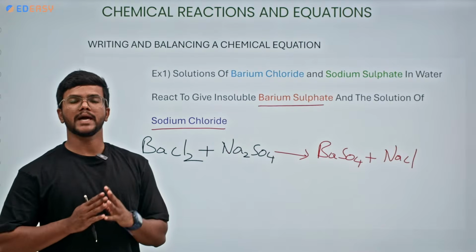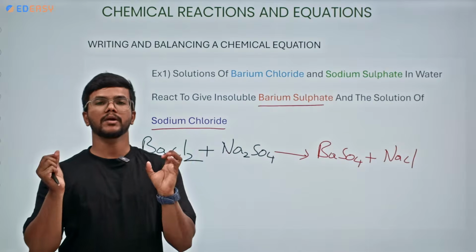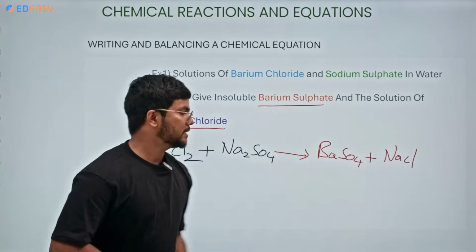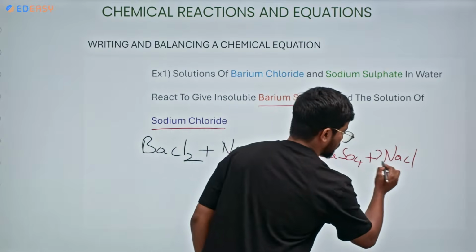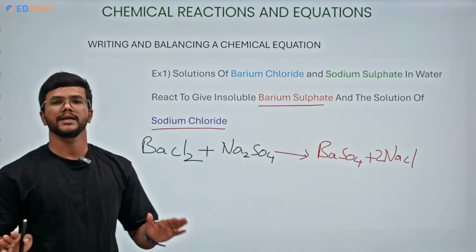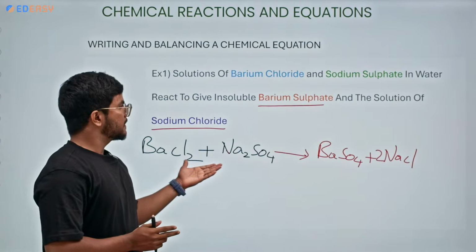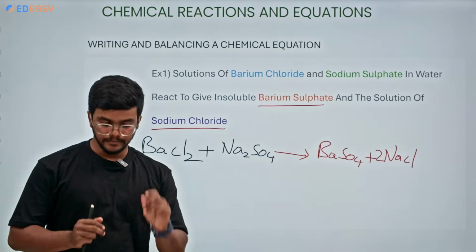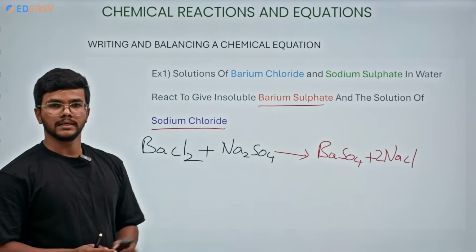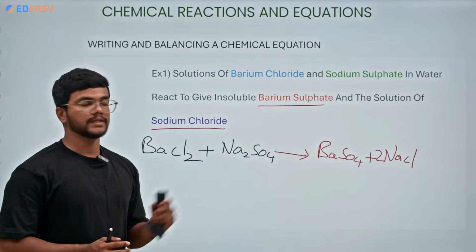So we have to balance only sodium and chlorine on the RHS. On the right side, just put 2 in front of NaCl. Now it is the balanced chemical equation. Hope you understand balancing with the given question.